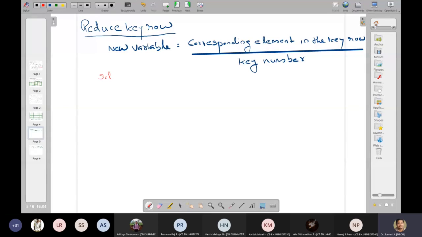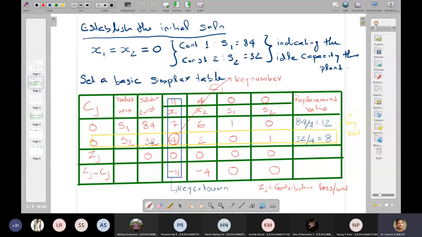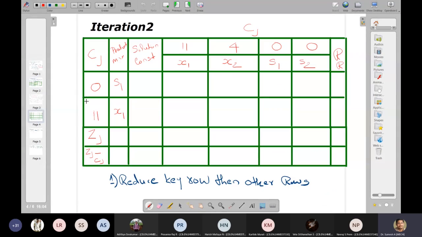So 32 divided by 4, I can write directly as 32 by 4, and the value will be 8.